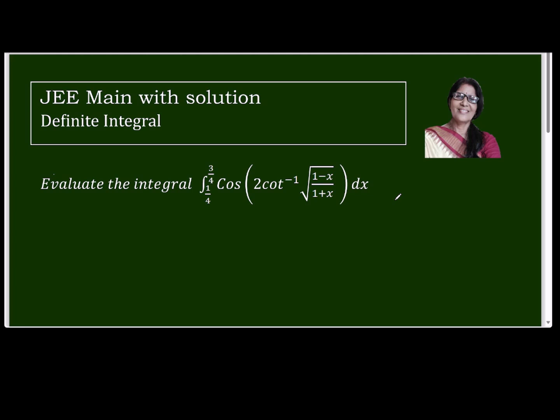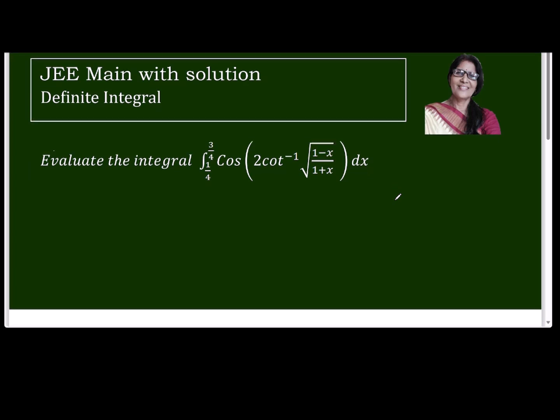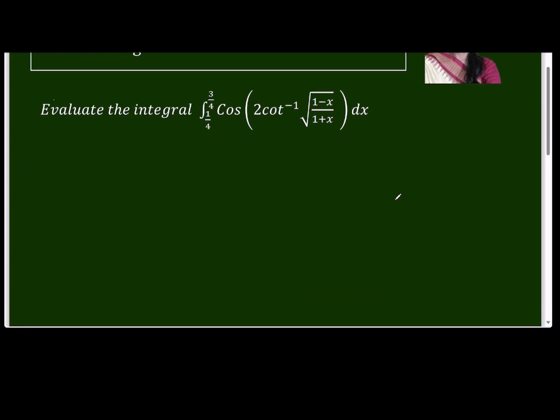So many trigonometry formulas are applied. So let's begin. For that, let me write the trigonometry formula we'll use here. One is 1 minus cos of 2 theta equals 2 sine square theta.